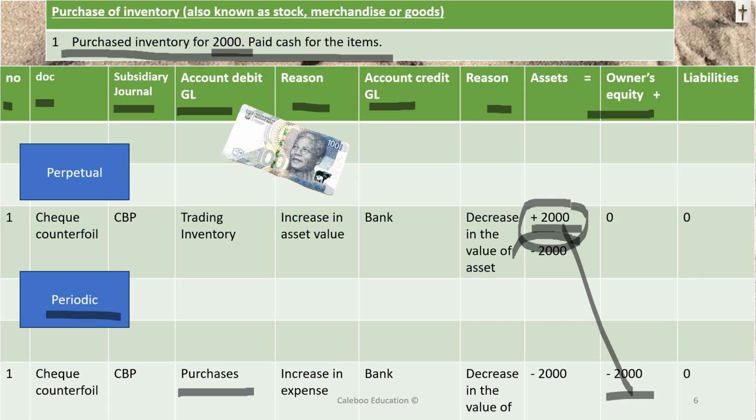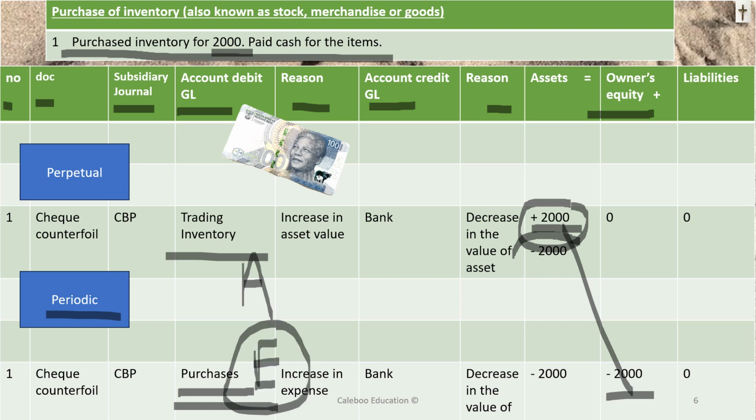In the perpetual, they use a trading inventory account, and purchases is used in the periodic. I keep stressing this: trading inventory is an asset. Purchases is an expense. What will an expense do to owner's equity? It will decrease owner's equity.